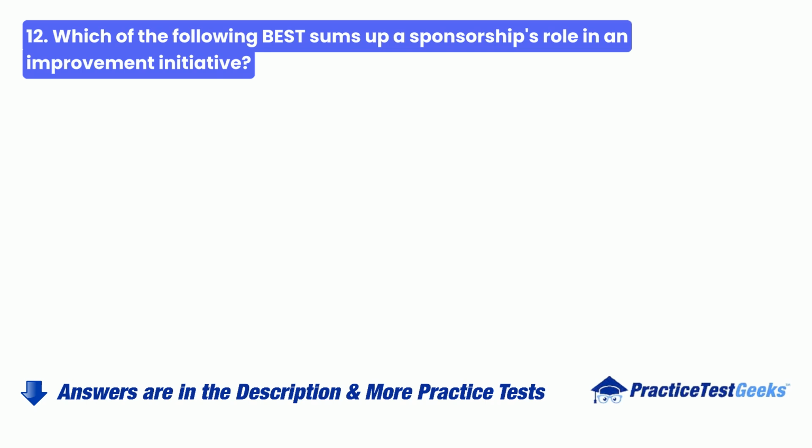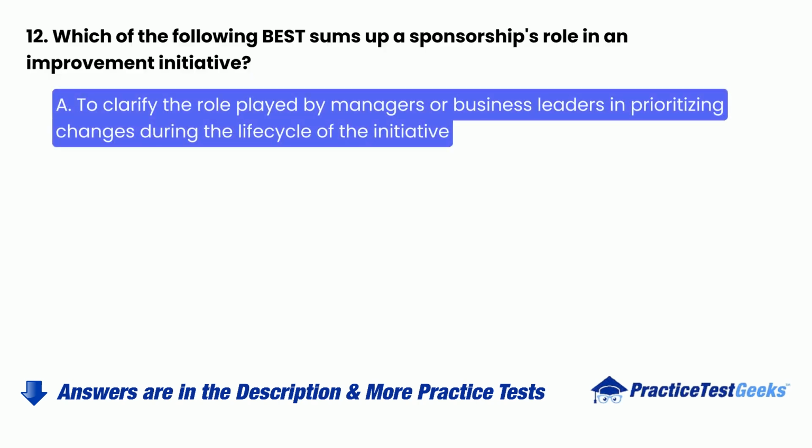12. Which of the following best sums up a sponsorship's role in an improvement initiative? A. To clarify the role played by managers or business leaders in prioritizing changes during the life cycle of the initiative.